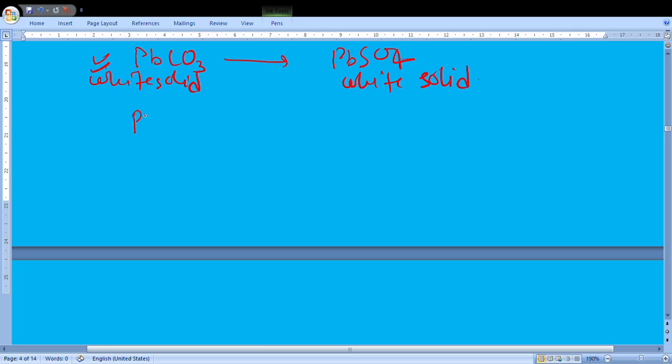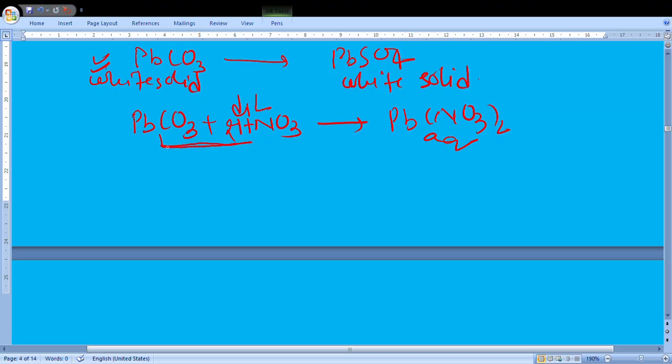To do that, you have to react it with HNO3 to form Pb(NO3)2. Now it is an aqueous, colorless solution. What is left? After multiplying 2 in HNO3, the left part is H2CO3 and it is unstable. It gets decomposed into H2O and CO2.